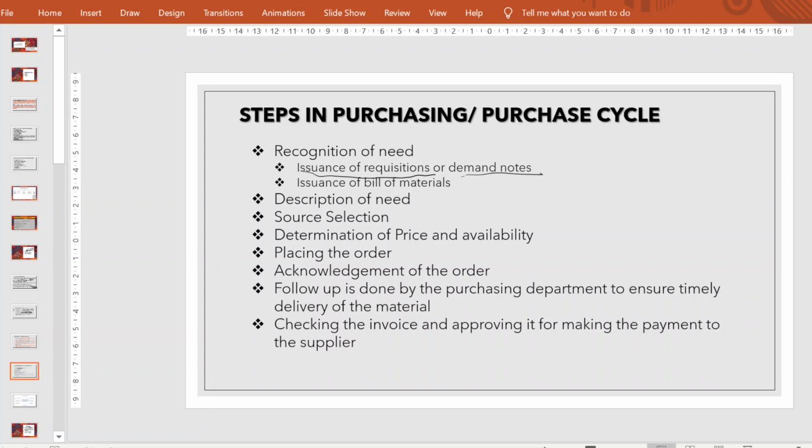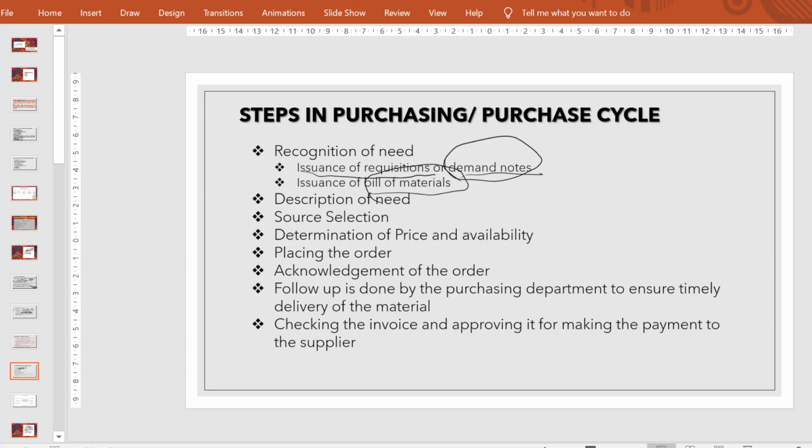So these are the two methods. One is through demand notes or requisition letters from the department, or through bill of material. These are the two types of ways by which the need can be given to the purchase department.